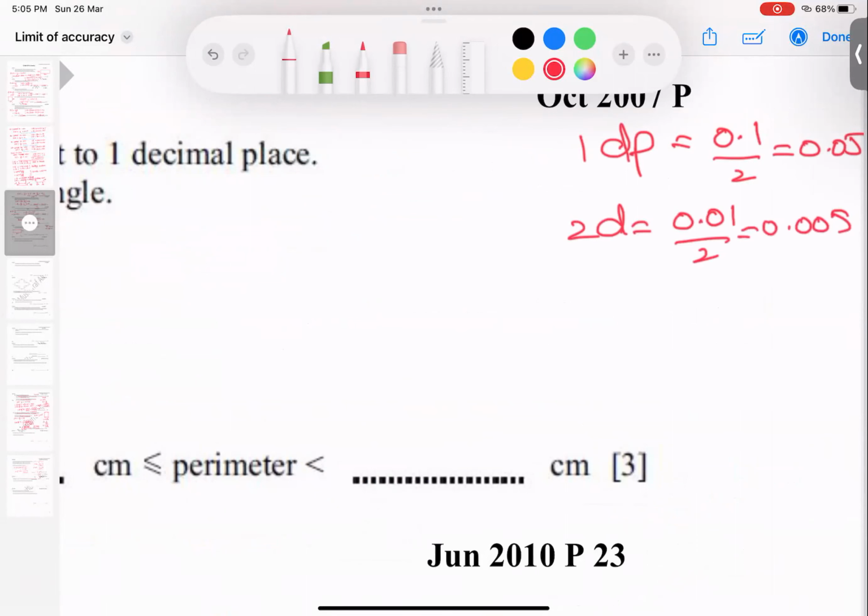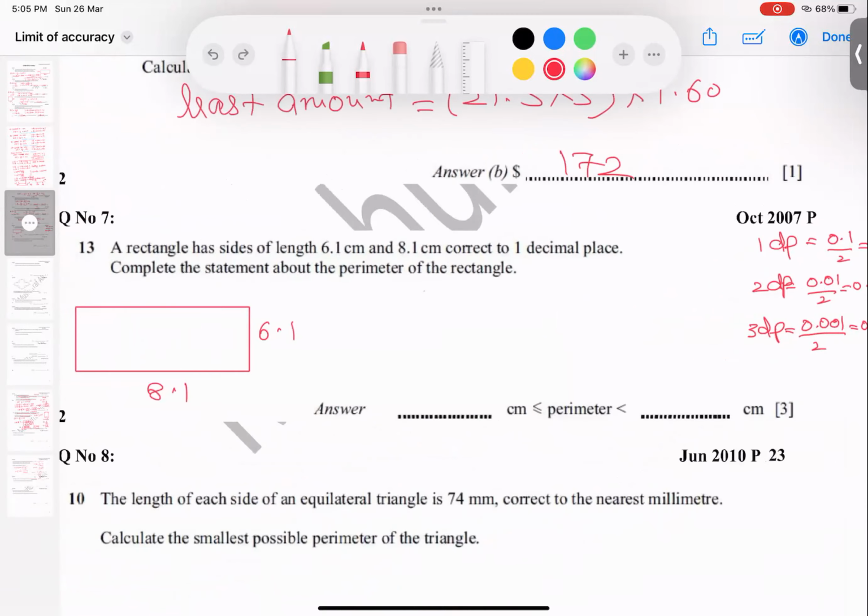If I say 3 dp, although I have hardly found it in your exam papers, 0.001 divided by 2 gives 0.0005. These are the absolute errors.